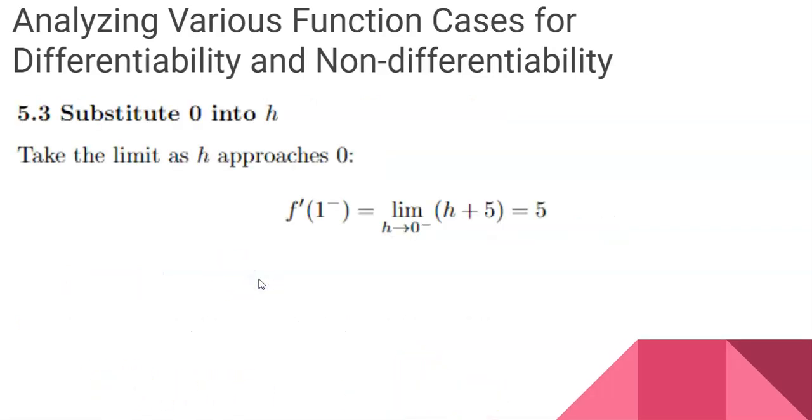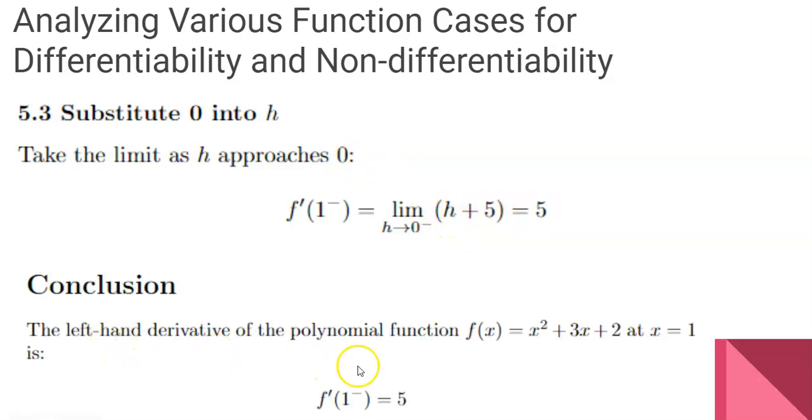Next, take the limit as h approaches 0 by substituting 0 for h. So f'(1) from the left is equal to the limit of h + 5 as h approaches 0 from the left, which is equal to 5. So we substitute h with 0, and 0 + 5 is equal to 5.